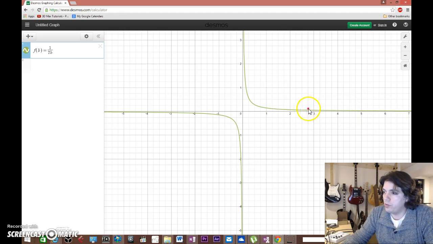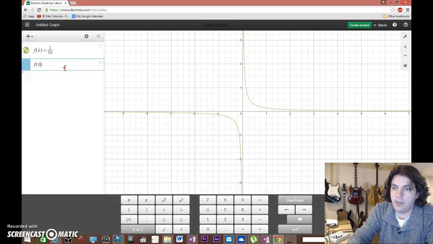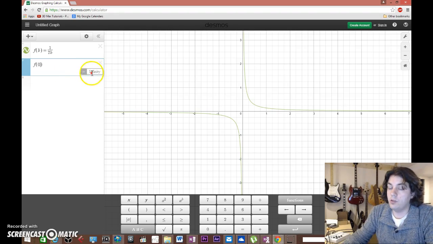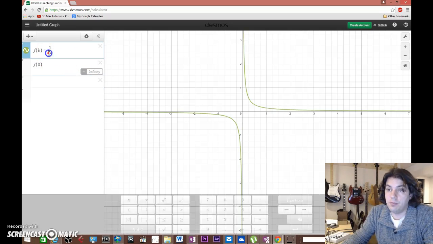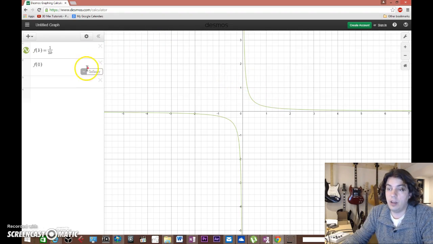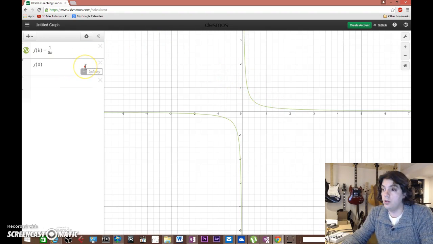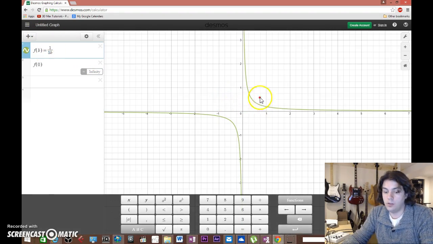And if we approach from the right side, again we'll get really close to 0, but we will never get there. If we try to evaluate f at 0, the answer is infinity, which again is undefined. It's not something we can put on here. And 1 over 5b will give us the exact same result. It changes shape ever so slightly, but in general, it's pretty much the same function. So there's 1 over 7b, there's 1 over 5b.